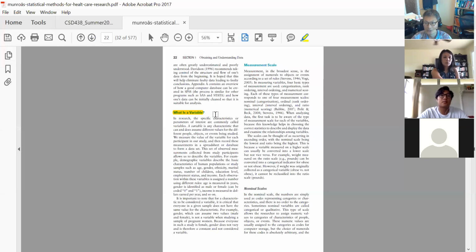So for measurement scale, there are nominal scales, ordinal scales, interval scale, and the ratio scale, right? So if I go back, nominal scale has nothing to do with any order or numeric measure.